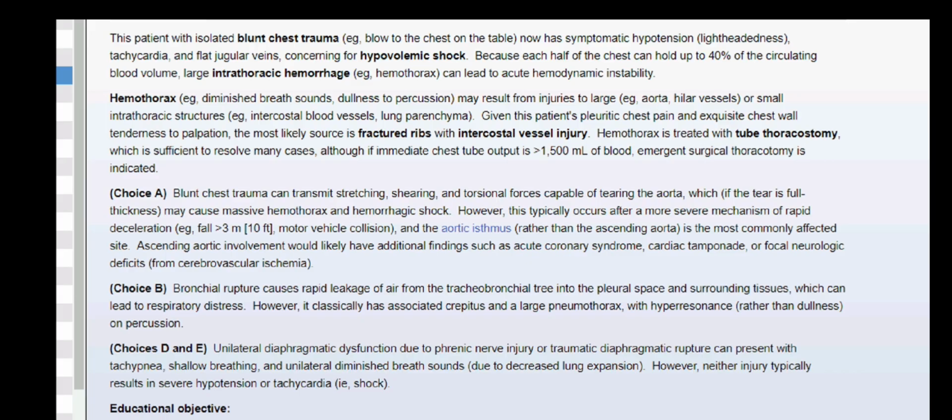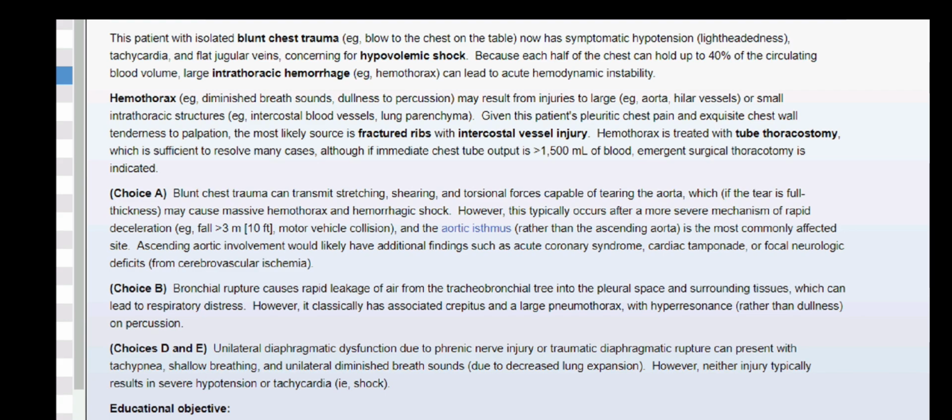Because each half of the chest can hold up to 40% of circulating blood, we have here a large intrathoracic hemorrhage. That can lead to acute hemodynamic instability, meaning this hemothorax. This hemothorax with fractured ribs comes with intercostal vessel injury. So what should we do?